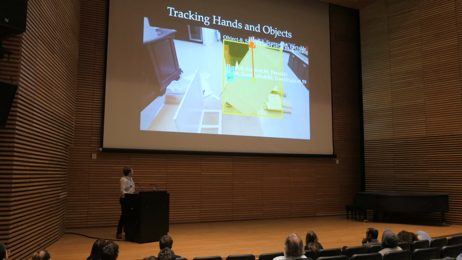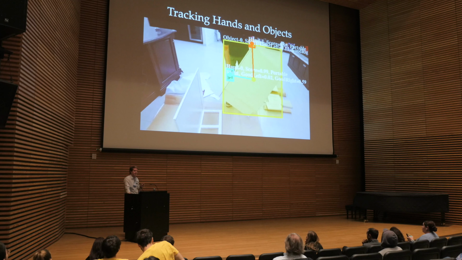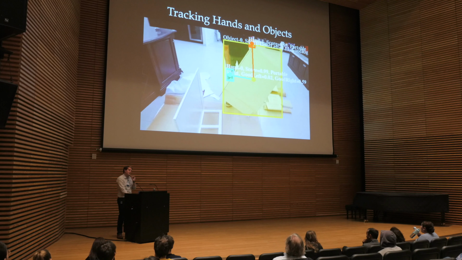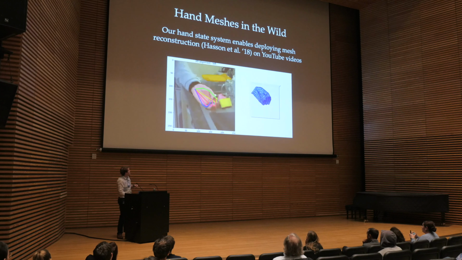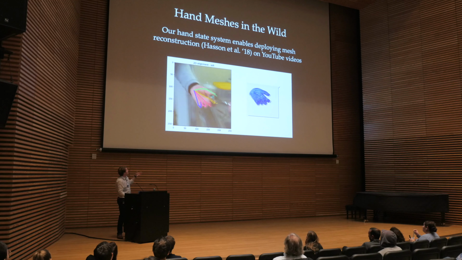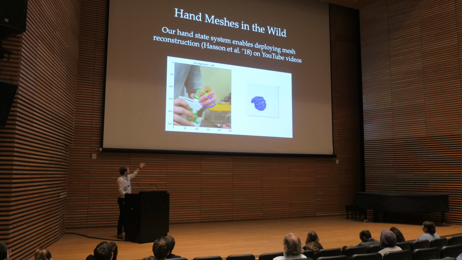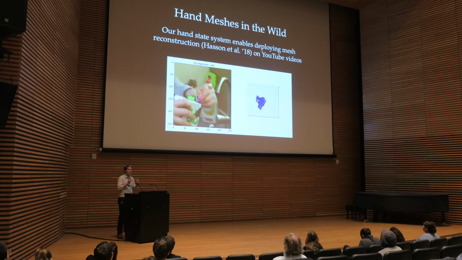And we can track the hands and the objects, and it's not playing. But one of the things that the system lets us do is, because we can get where the hands are, and we can identify their contact state, whether they're a left hand or a right hand, and we can do this really reliably, we can start deploying stuff that people have used in the lab and actually get it to work on in-the-wild data. So our system enables us to apply existing machinery that people have developed to large amounts of data.